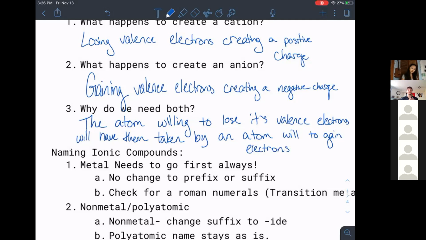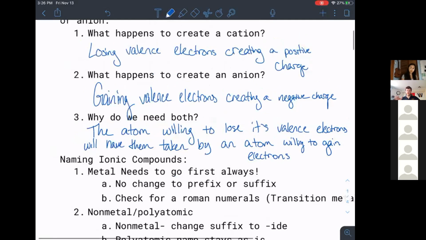Those electrons don't just magically show up, but an atom that's willing to lose electrons is going to have its electrons taken by the atom willing to gain those electrons. Are there any questions on that part?